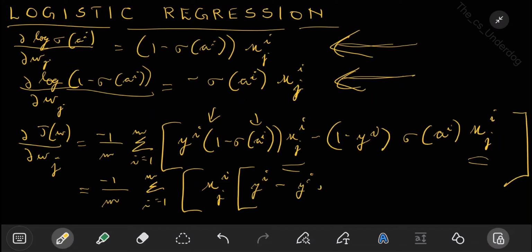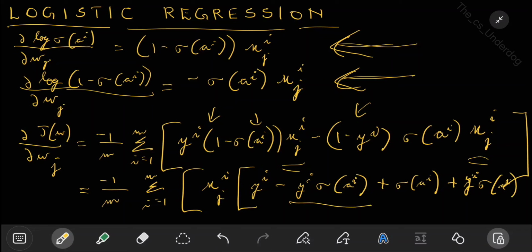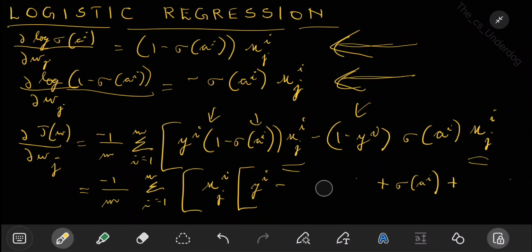Yi into sigma ai. Then this term will become plus sigma ai. And the last term will be plus yi sigma ai. So here this minus yi sigma ai and plus yi sigma ai will get cancelled. So this is gone and minus yi sigma ai is gone. So what remains is this.